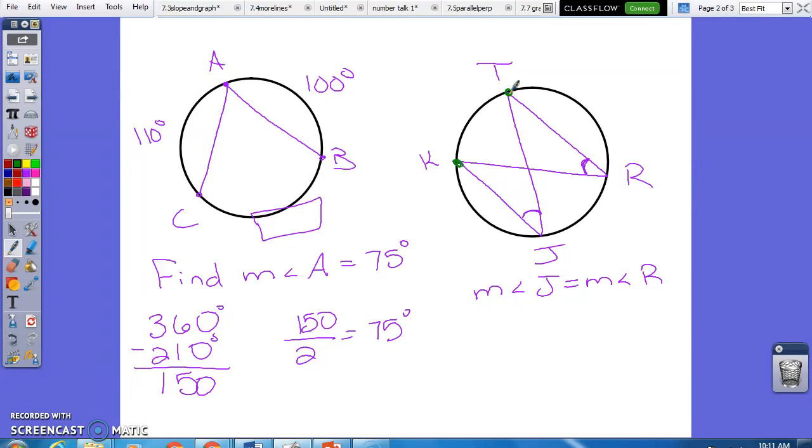So if I knew that this arc was 86 degrees, then both the measure of angle J and the measure of angle R would be 43 degrees. The angle would be half of what the arc is.